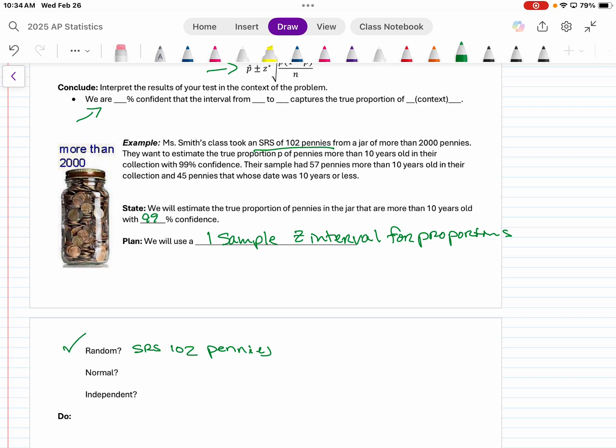Normal. Our p hat was 57 out of 102. Is 102, our sample size, times 57 over 102 greater than or equal to 10? Well, yeah, the 102s cancel and 57 is greater than or equal to 10.